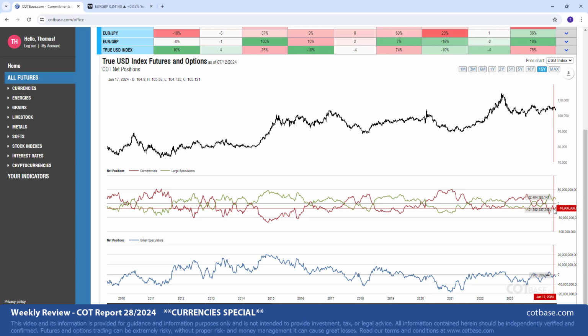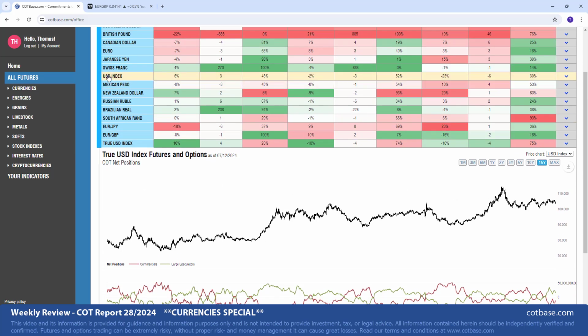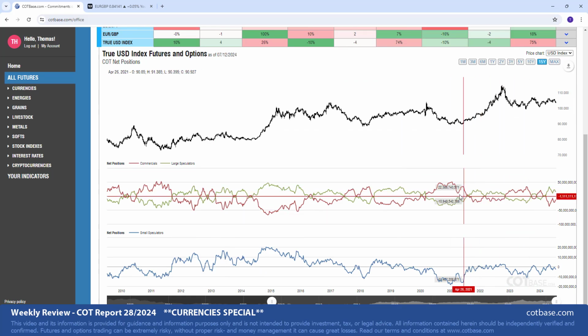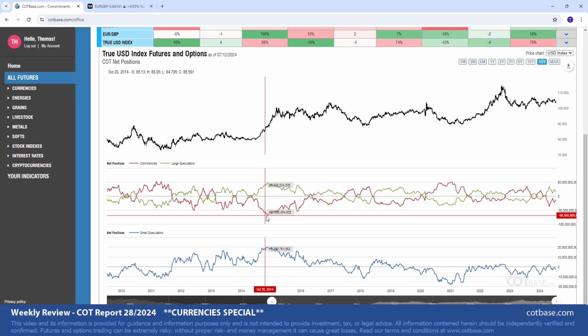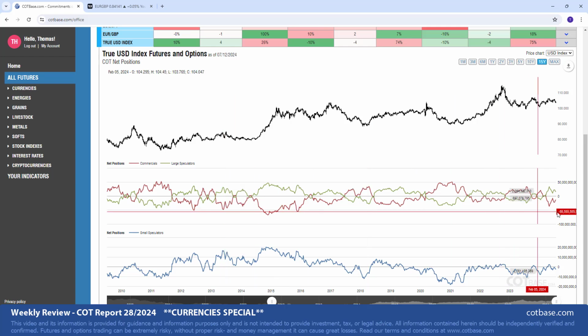And here, if you compare the true US dollar index to the normal US dollar index, you can see that the picture is a little bit more bearish than it was in the dollar index. Not too bearish, so we have seen more bearish extremes in the past.